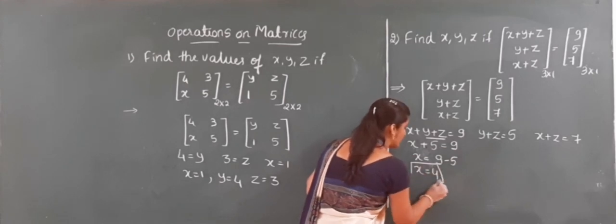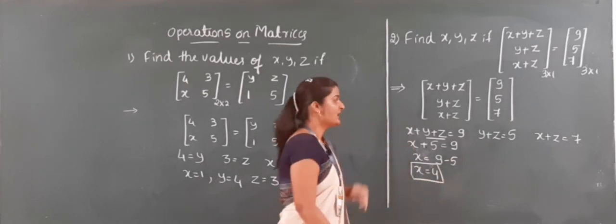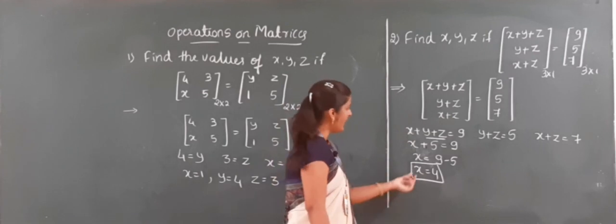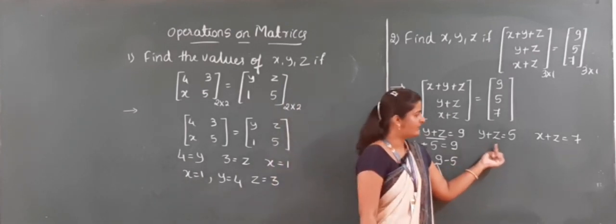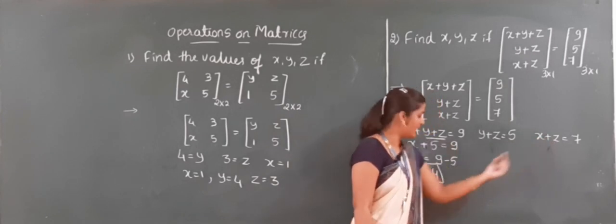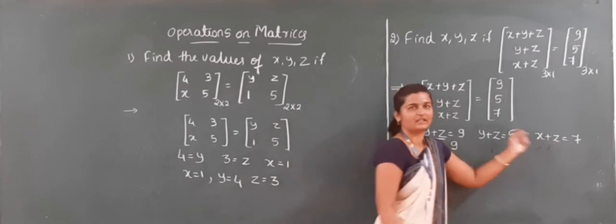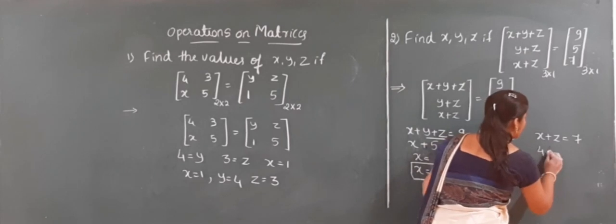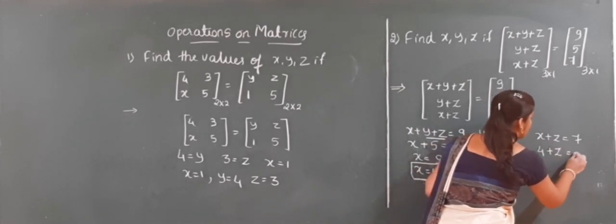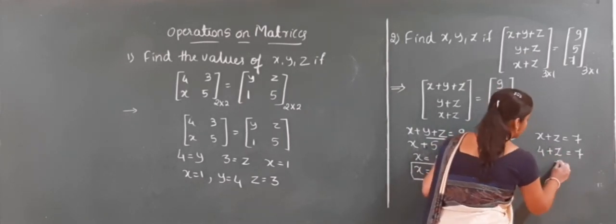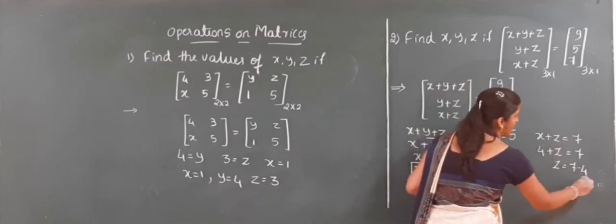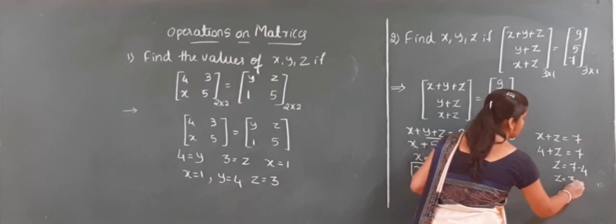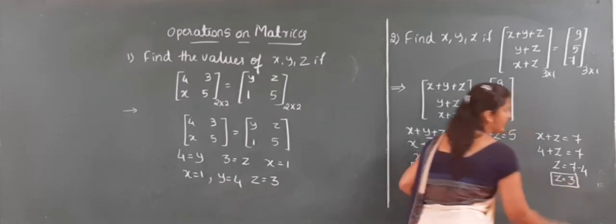We got x equals 4. Next, I will substitute x equals 4, not in this equation but here, because x is present here. So 4 plus z equals 7. We have to move 4 to that side, so z equals 7 minus 4, z equals 3. We got the z value as 3.